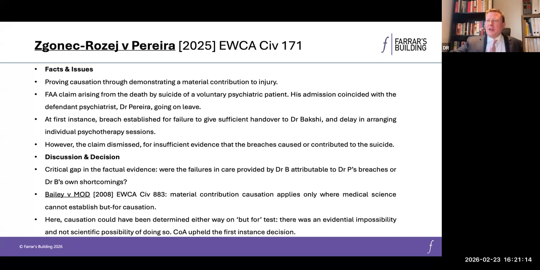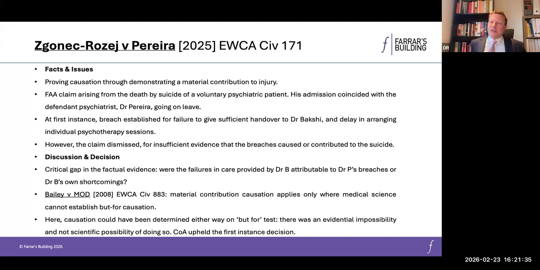The facts of Zgonec-Rozej were, it's a Fatal Accidents Act claim arising out of the tragic suicide of an eminent international criminal law silk, who at the time was a voluntary psychiatric inpatient under the care of the defendant.